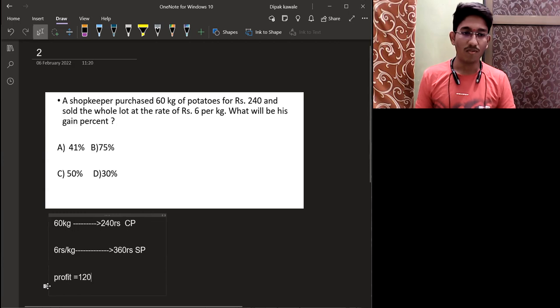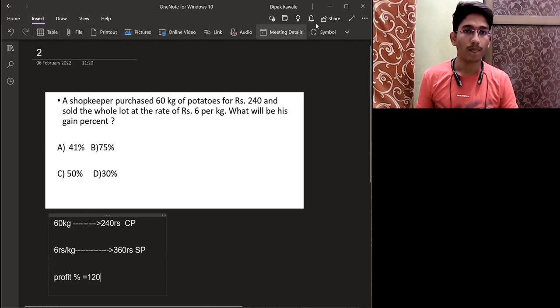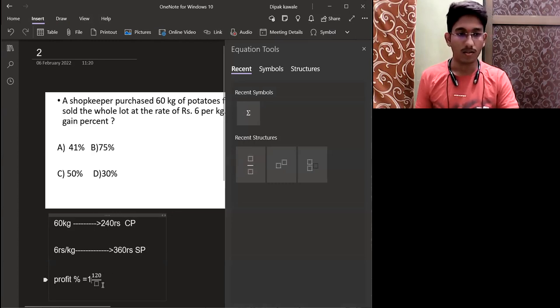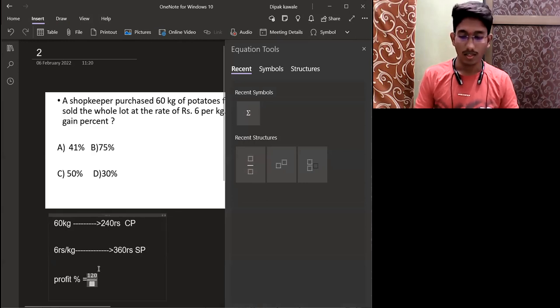So profit percent is nothing but 120 divided by 240, which is my cost price, multiplied by 100.